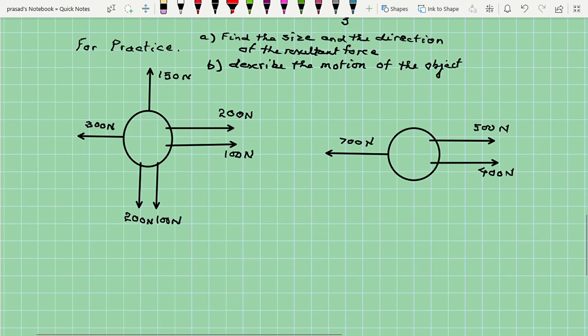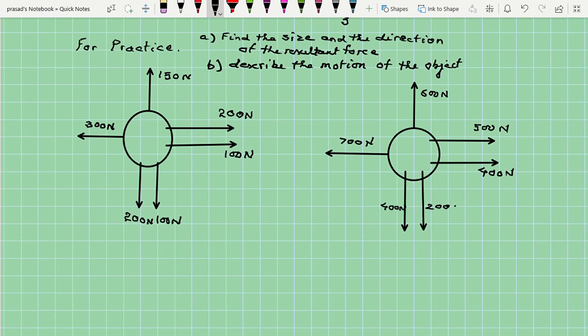Vertically upward a force of 600 Newton is acting, and vertically downward there are two forces acting, one of 400 Newton and other of 200 Newton.